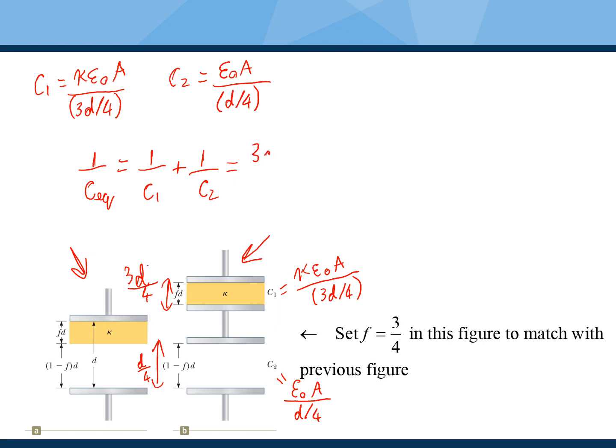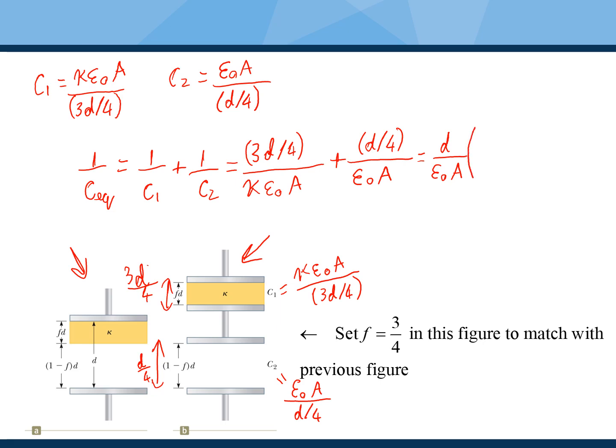So we obtain 3d over 4 kappa epsilon naught A plus d over 4 epsilon naught A. And we can go ahead and simplify this because we can take d over epsilon naught A outside, and inside the bracket what remains behind is 3 over 4 kappa plus 1 over 4, and we can go ahead and do that addition of fractions.